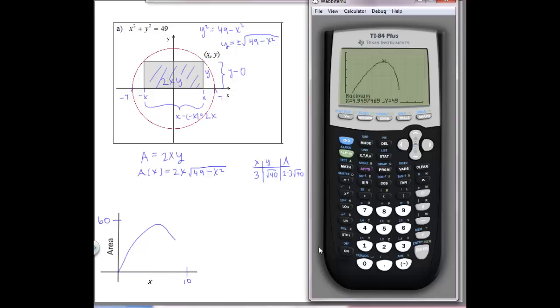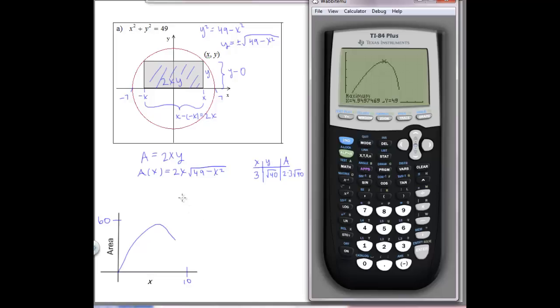Notice that it doesn't tell me the y value of that particular rectangle, but the question's not asking for the y value. It's asking for the x value that will give you the maximum area of this rectangle, and what is that maximum area.